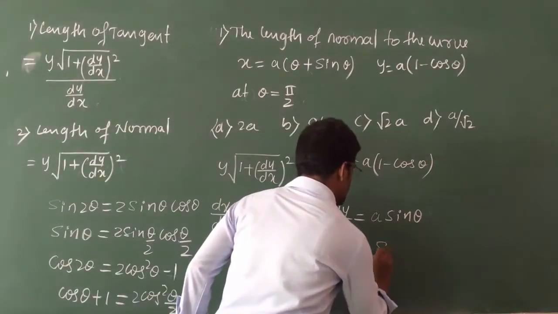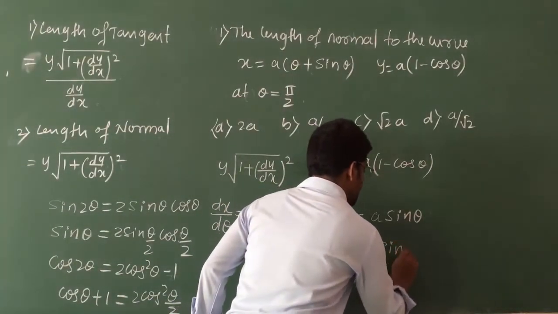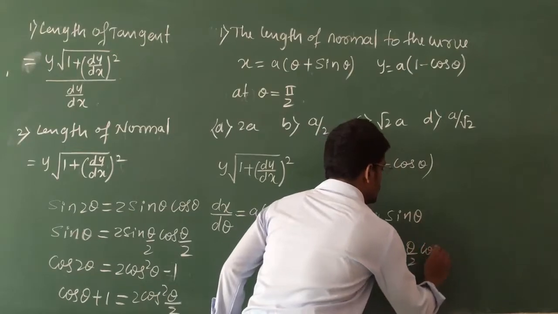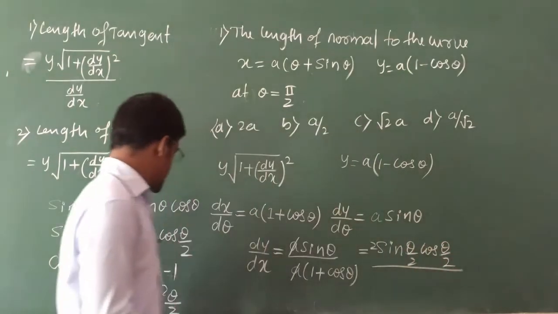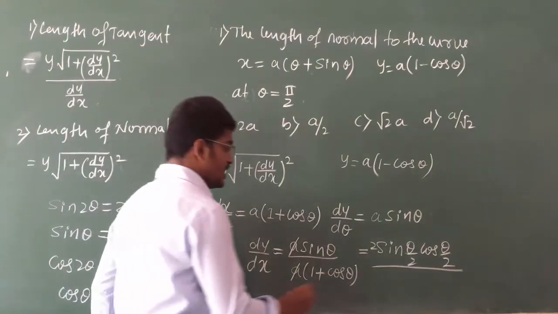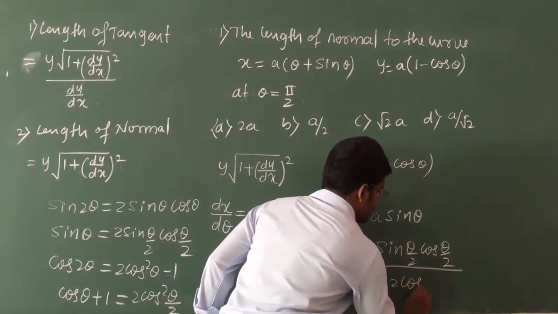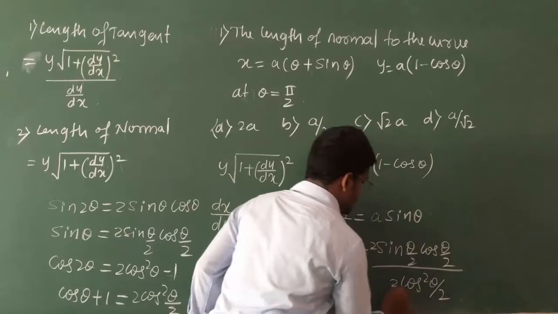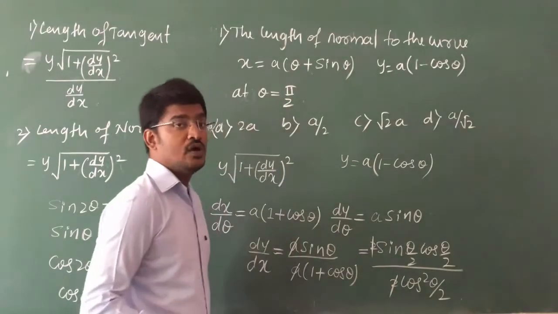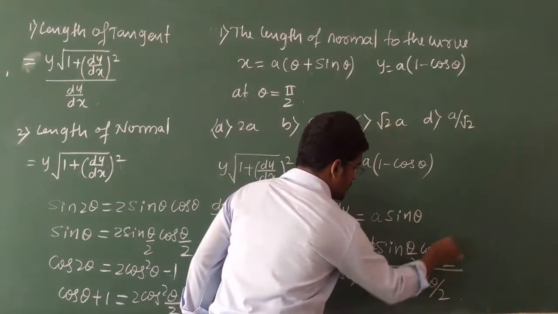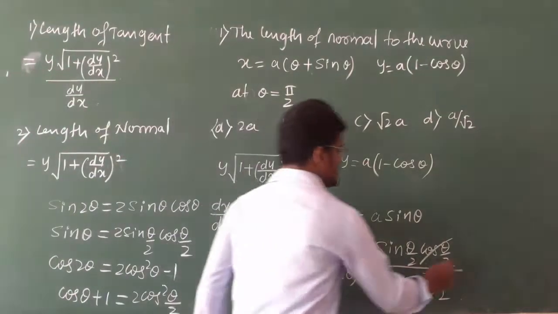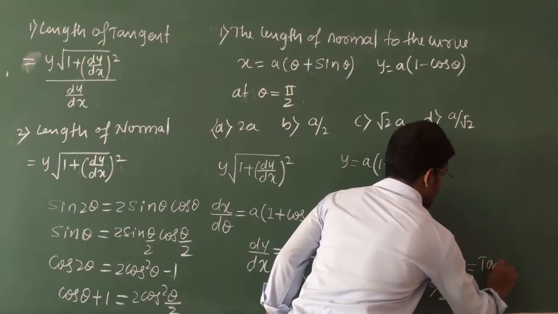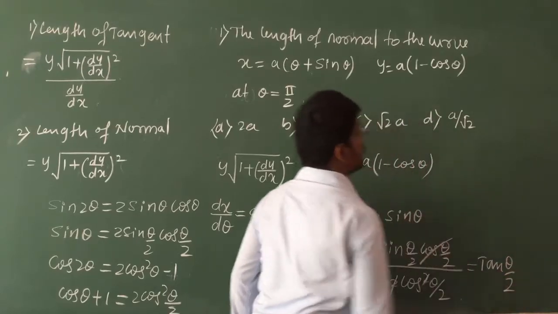So that is equal to 2 sin theta by 2 cos theta by 2 divided by 2 cos square theta by 2. Cancel 2 and 2, cancel cos theta by 2 with cos theta by 2. So now you will get tan theta by 2.